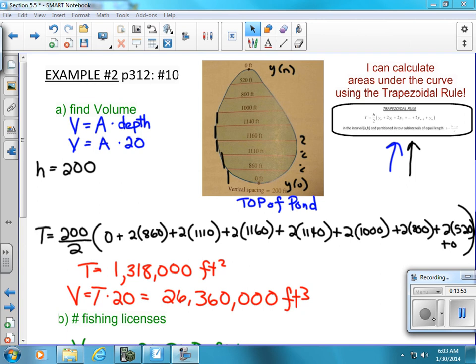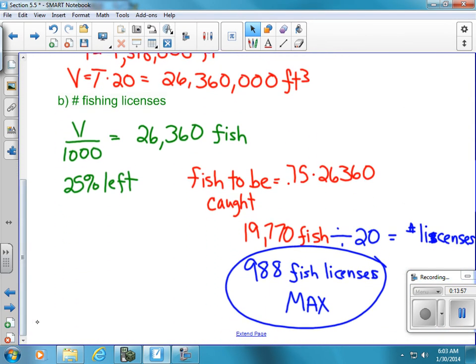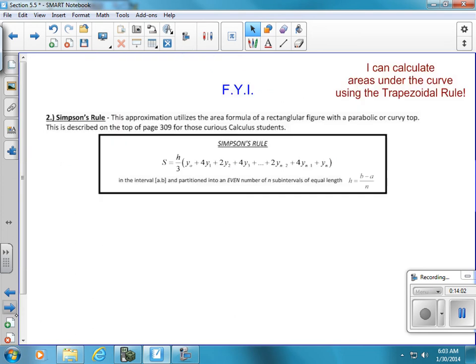Okay, so that is using the trapezoid rule in kind of a real problem. And I just want to mention one other thing and we're done with section 5.5. FYI, this is Simpson's rule. Do not write this down. It's in your book if you want to dream over it. Basically, I just want you to know that it exists. You will not be using it on your AP exam. It's on page 309 in your book.